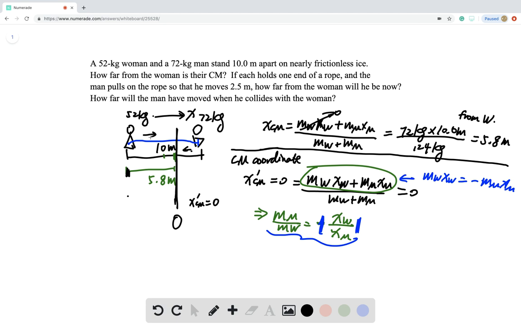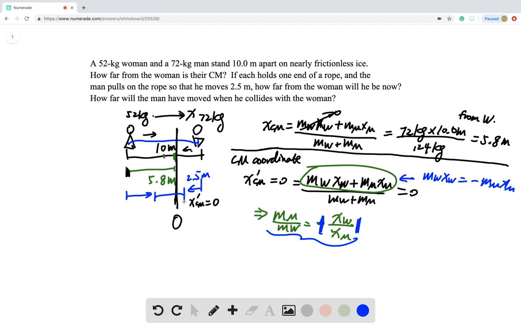If the man moves 2.5 meters, he is originally around 4 point something meters, and now he moves here by 2.5 meters. And the woman will be moving here too as a consequence of him pulling the rope. So now we need to find this distance.